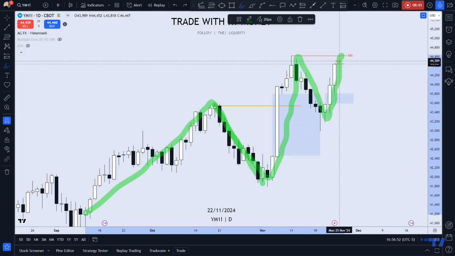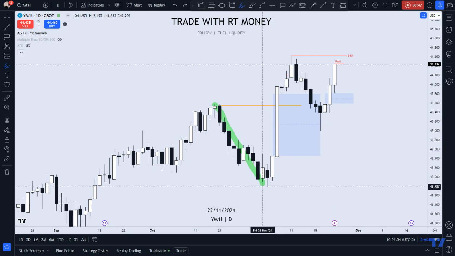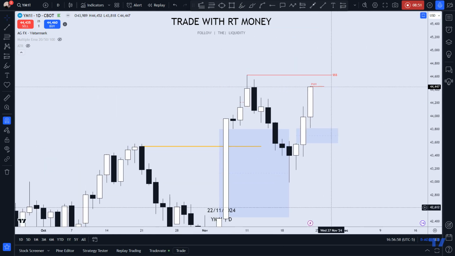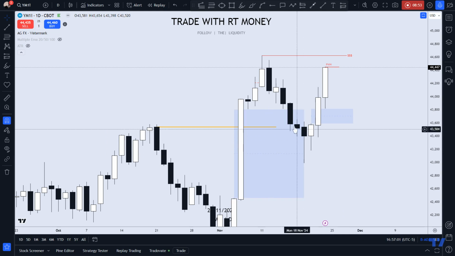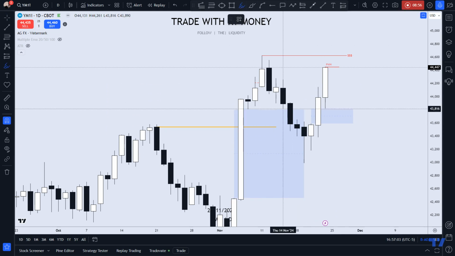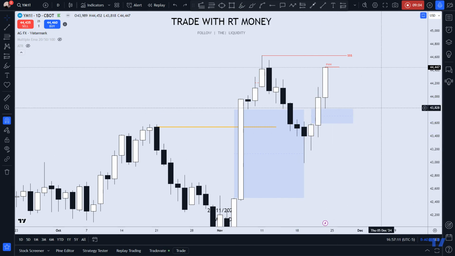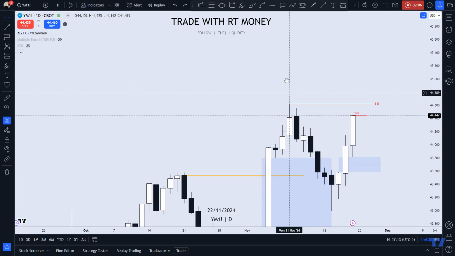And look at the clear intention of price. It wants to go higher, and you see these bearish fair value gaps. That bearish fair value gap, price just ate right through it.